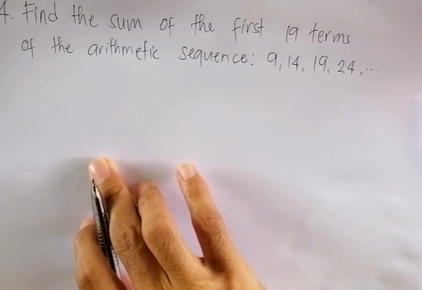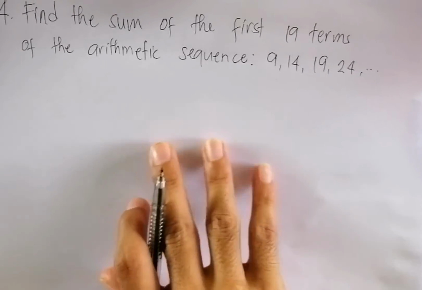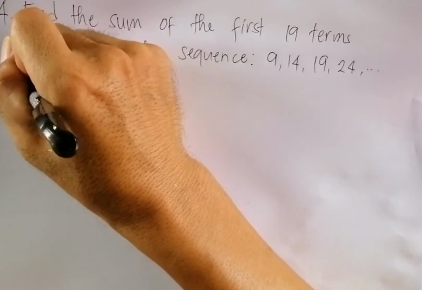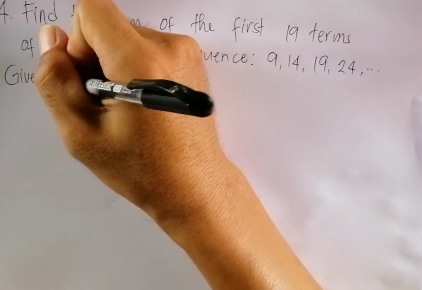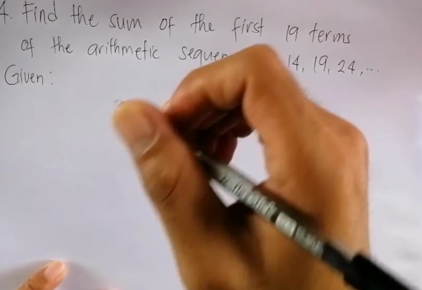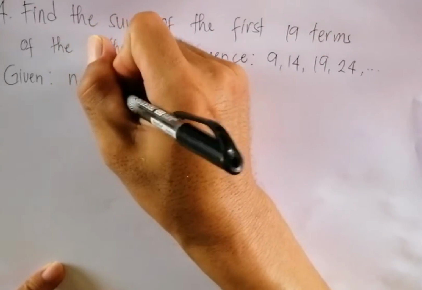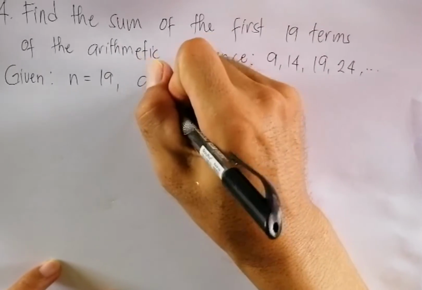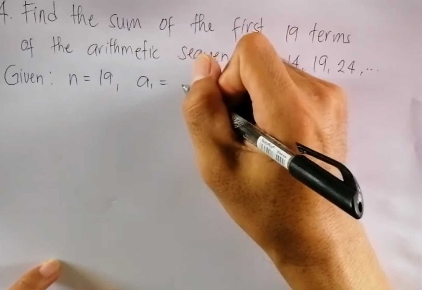Find the sum of the first 7 terms of the arithmetic sequence 9, 14, 19, and so on. Given: a sub 1 is equal to 9.